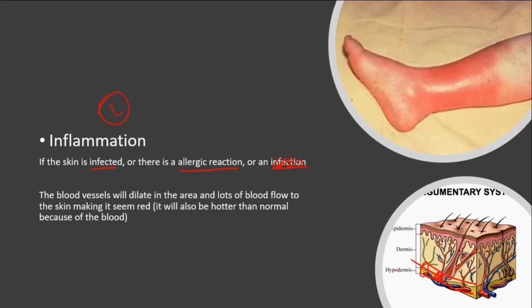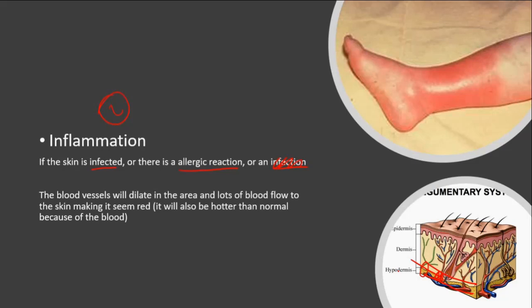And so the reason essentially why you get inflammation is that there may be an infection, or there may be some kind of problem in that certain area of the skin. So your blood vessels want to dilate, so that all of those immune cells or things that can help solve the problem can rush through to that area and get rid of the infection.